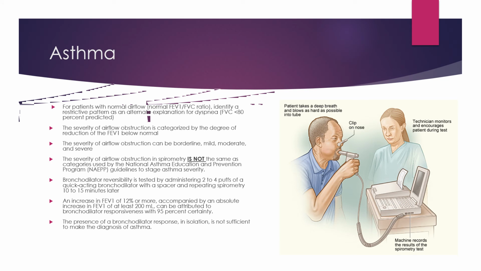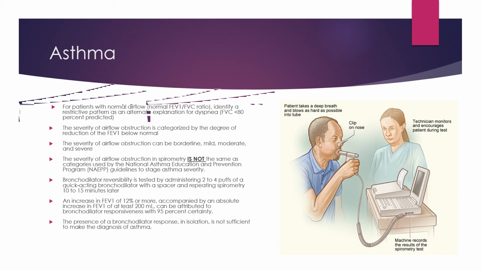So when we're talking about asthma for patients with normal airflow, a normal FEV1/FVC ratio, identifying a restrictive pattern as an alternative explanation for the dyspnea, an FVC less than 80th percentile predicted, we're going to do spirometry on them.